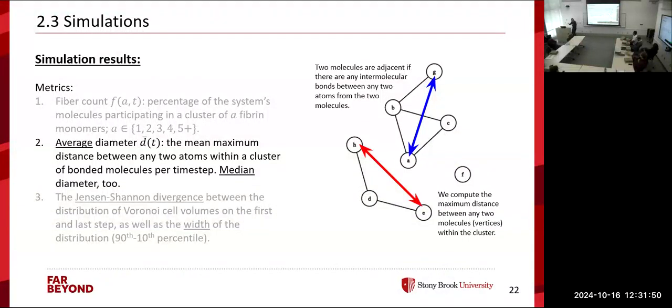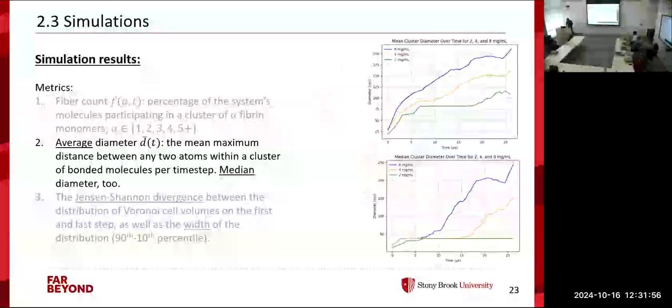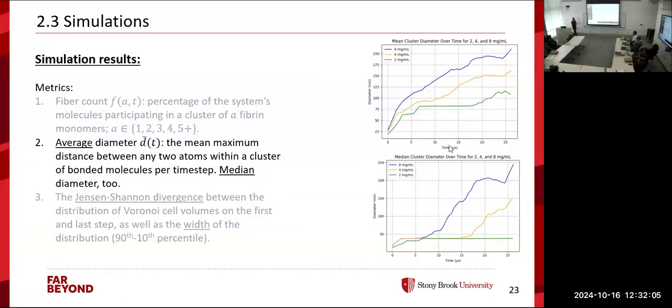So over time, if we want to quantify aggregation, we expect this number to get bigger over time, right? Because the idea is that if the molecules are clustered together, and especially if they form elongated clusters, we expect this diameter to become higher. So we see this both for the mean and the median diameter.